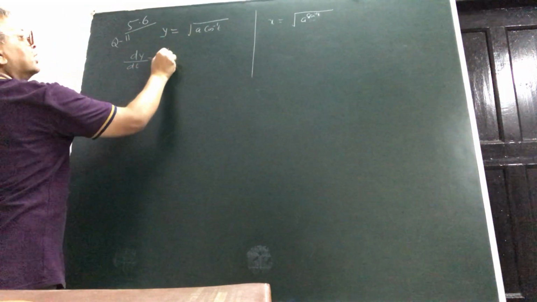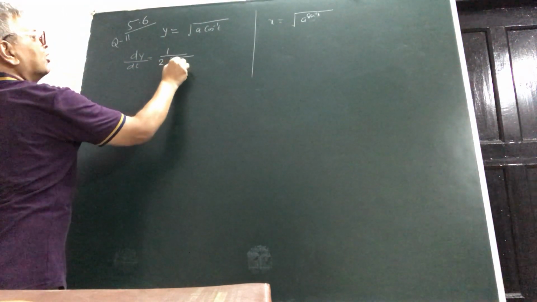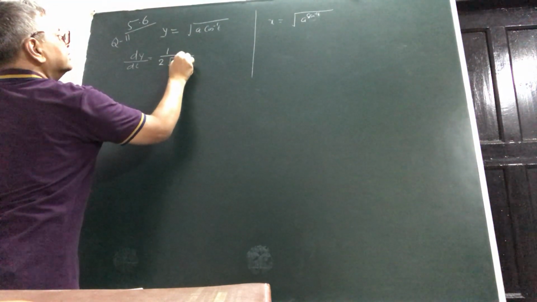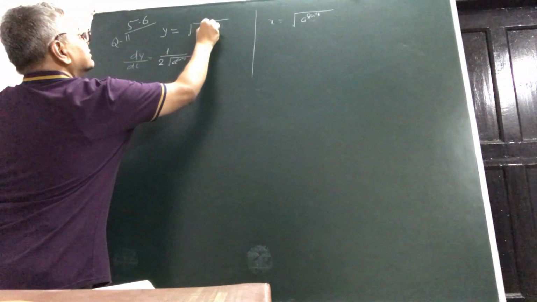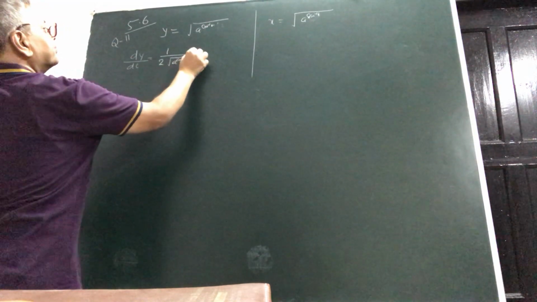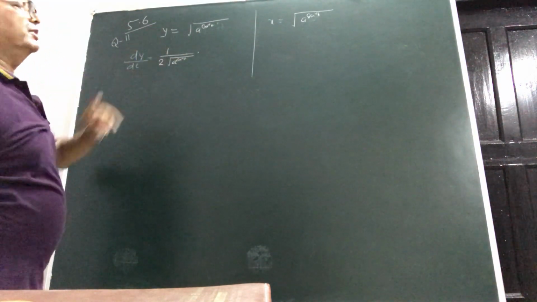So under root p is what? 1 upon 2 root p, that is a raised to power cos inverse t. Please see to it. And then into the derivative of this thing, a raised to power cos inverse t.